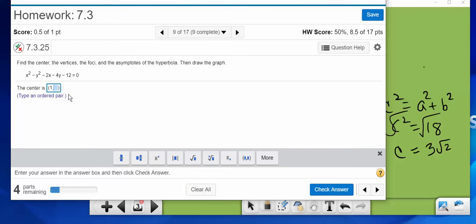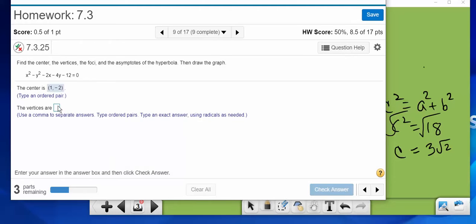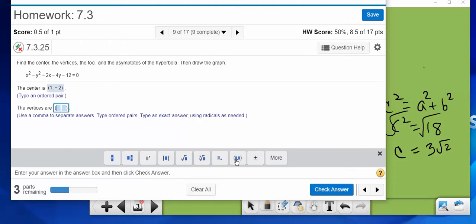The vertices are, adding and subtracting 3, 4, -2, and -2, -2.